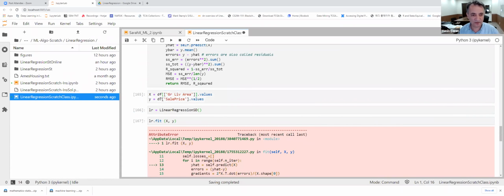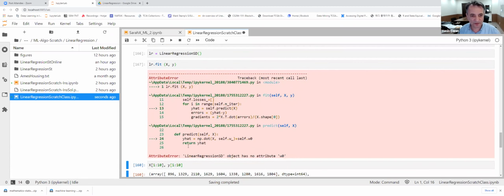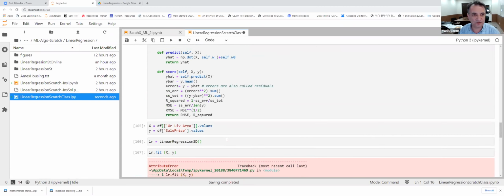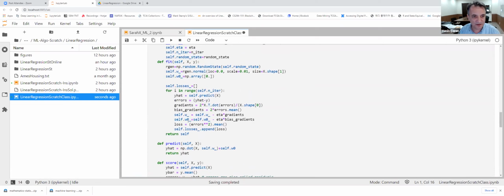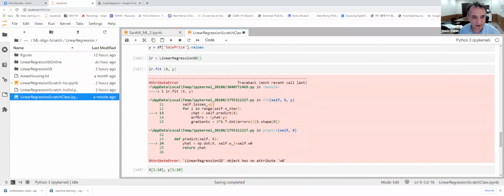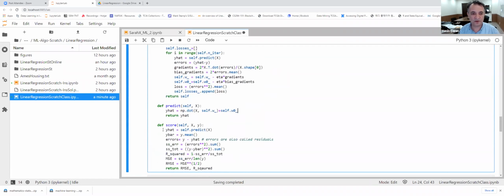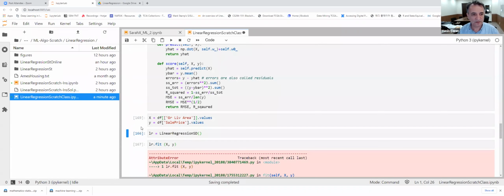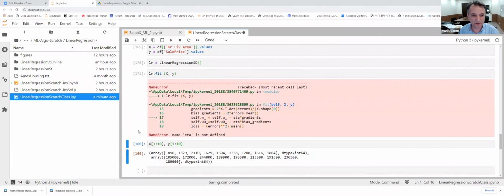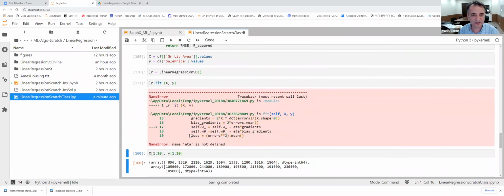Now what? It has w0. We made a mistake here. w0 is here. So where is that mistake? y_hat = self.predict, y_hat, self.w0. I see. This one, right? Now what? Eta is not defined.